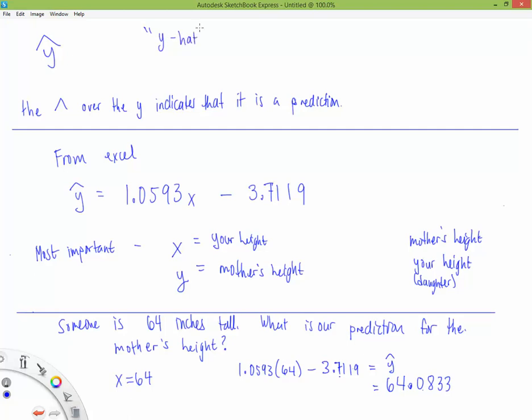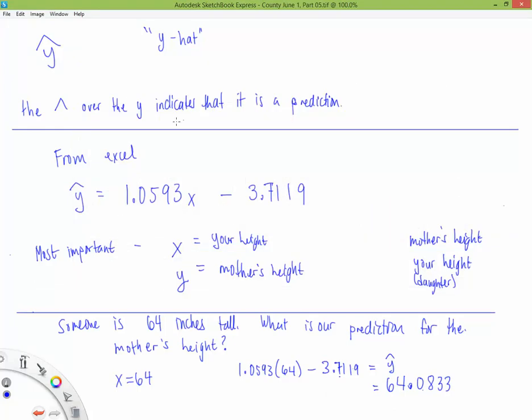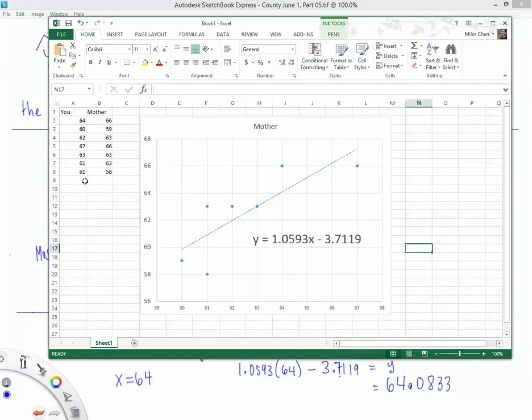All right, so let's just review what we've done. We used Excel to create a prediction line based on our data, right? We gave Excel 7 data points, and we said, based on these 7 data points, come up with a line of prediction. This is the line it came up with.